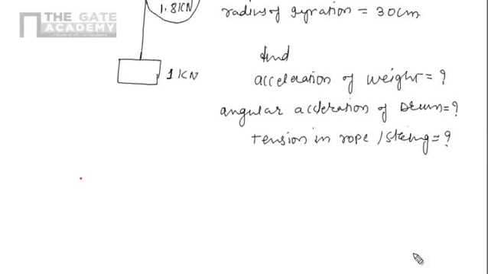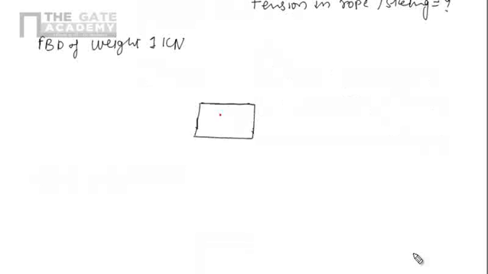So let's draw the free body diagram of the weight of 1 kilonewton. We will make this body be in dynamic equilibrium and apply the condition of equilibrium. This 1 kilonewton weight is acting in the downward direction, it is nothing but 1000 newton, and here the tension T is acting in the upward direction.